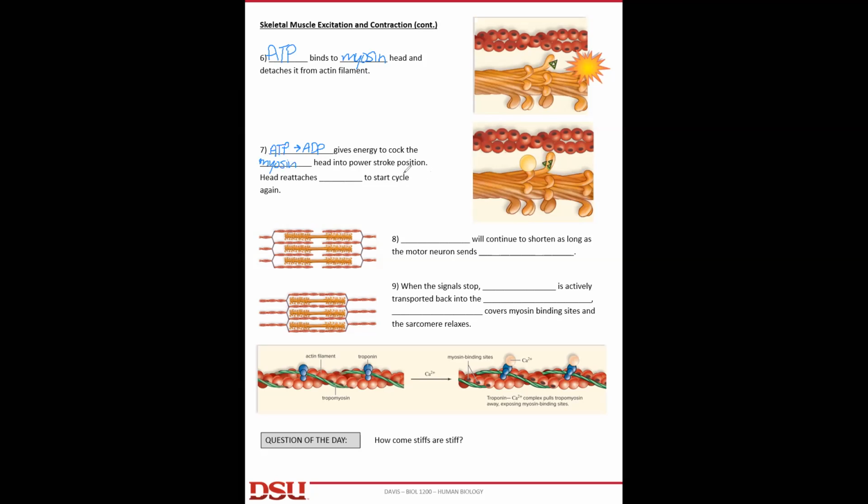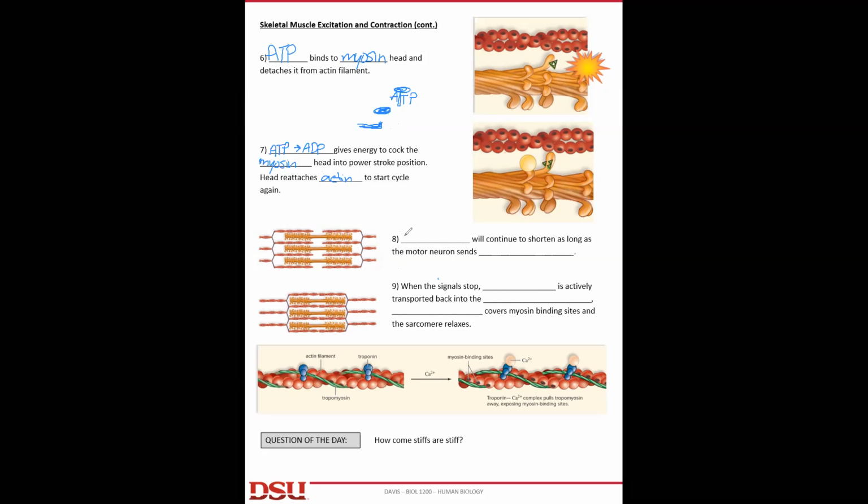Okay, so basically, like I said, we had the myosin head attached to our actin filament. ATP breaks up this happy relationship. When that happens, we've got the myosin head and the actin filament back in this position where it's ready to form another cross bridge and ready for another power stroke. So it resets it so the head can reattach to actin again to start another cycle or another contraction process.